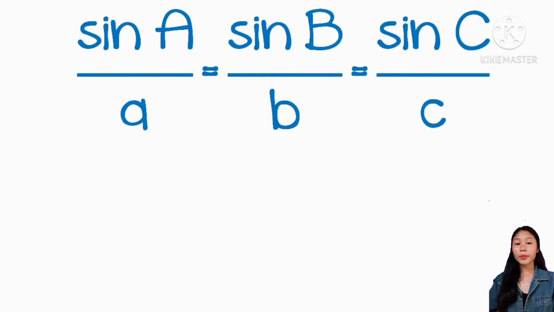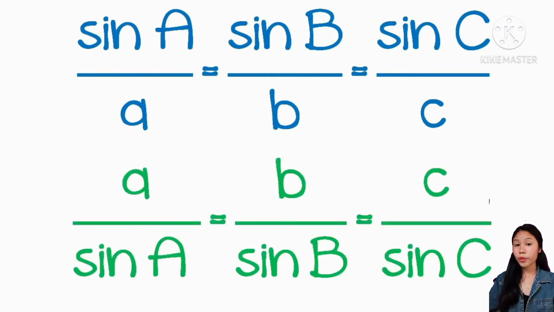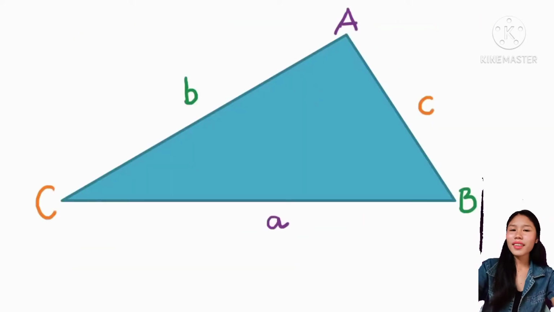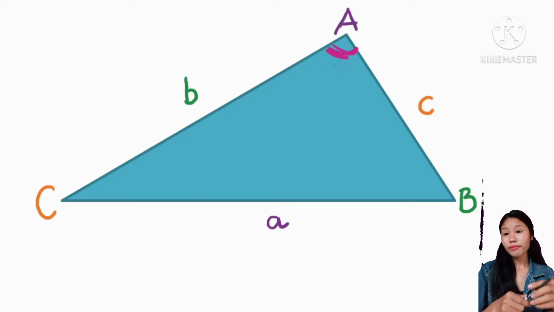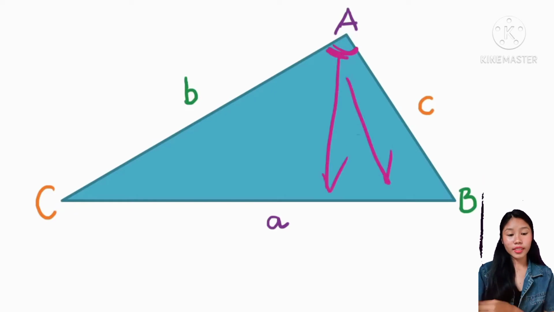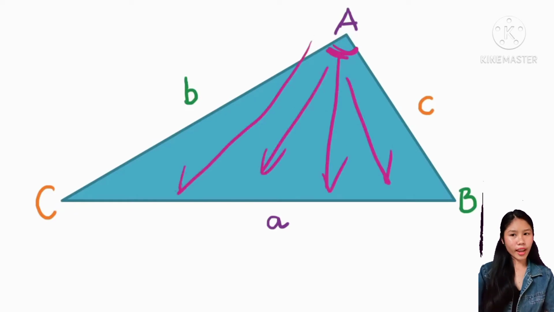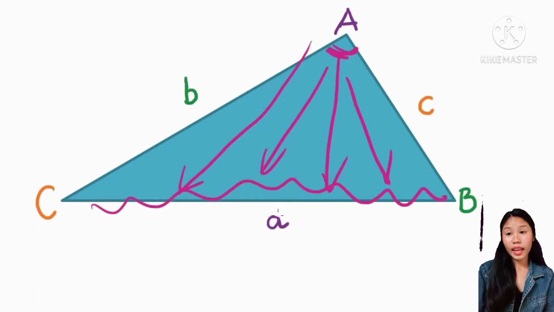The law of sines can be written as sine A over a equals sine B over b equals sine C over c. Or you can flip it over if it suits you to do so. So, what is that telling us? The triangle is labeled A, which is an angle A with a vertex A. The side opposite it is the little a.